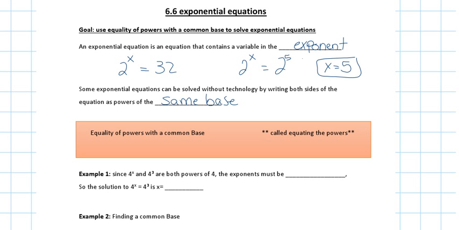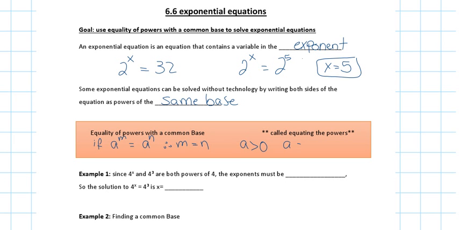So, if a to the power of m equals a to the power of n, that tells me that m equals n, and that only works for all positive numbers except a equals 1. Okay? So a has to be greater than 0, and a cannot equal 1.